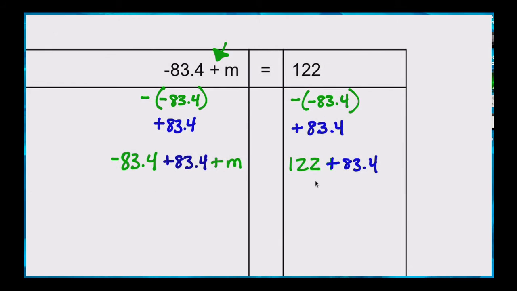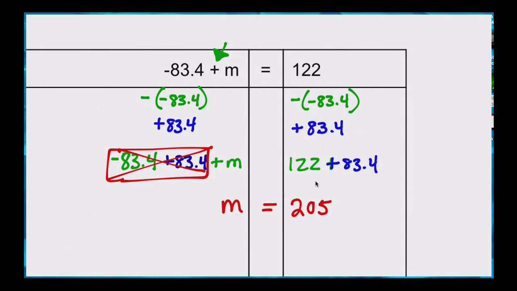When you have the two on the left-hand side, these two, they cancel each other out. And so you're left with m equals 205.4. There are about 4 different ways you could do this problem and do it correctly.